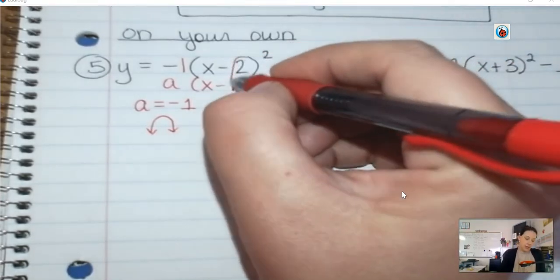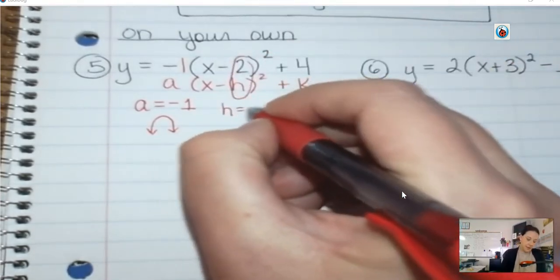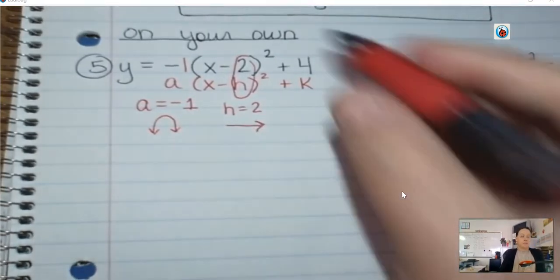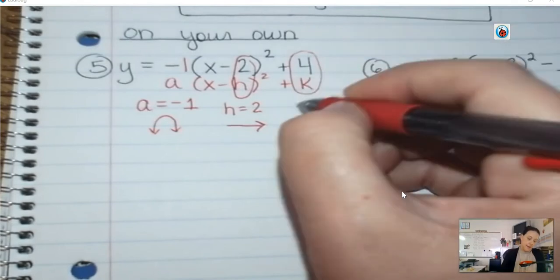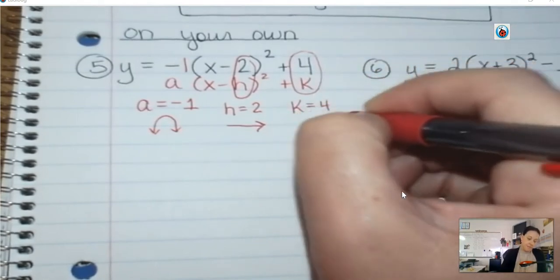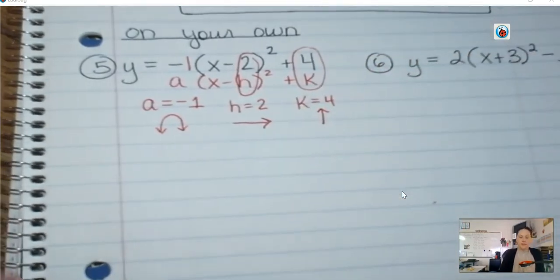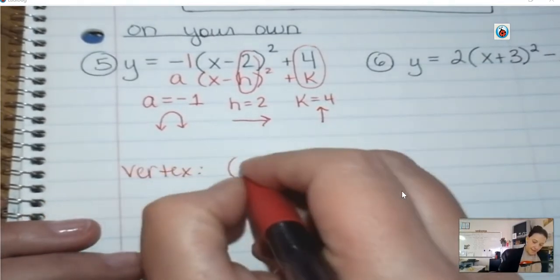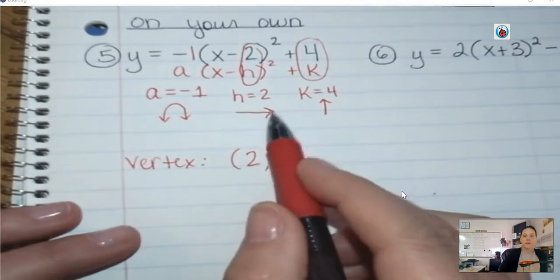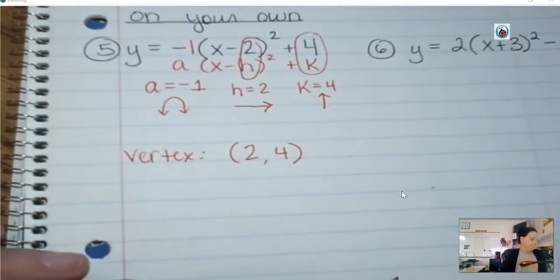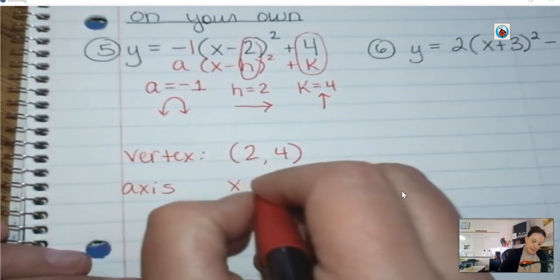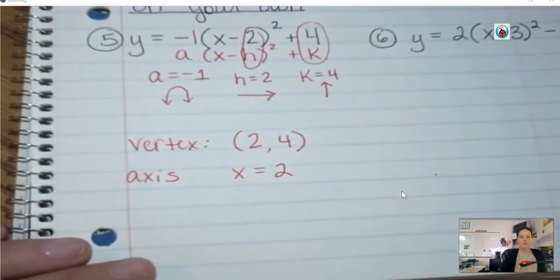So h is positive 2, so that means it's going to go to the right 2 units. k is positive 4, so we'll go up 4 units. The vertex is at (2, 4), because it's at (h, k). And then the axis of symmetry is at x equals positive 2.